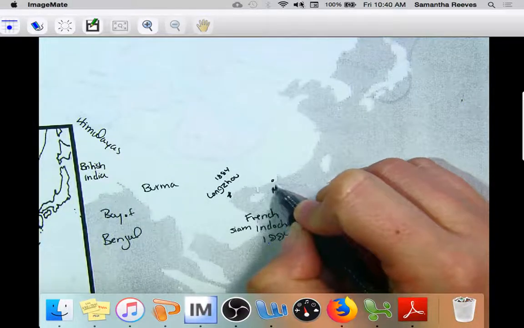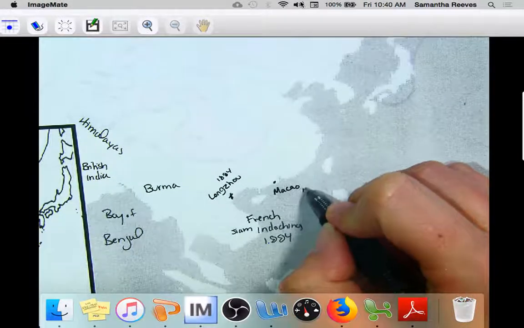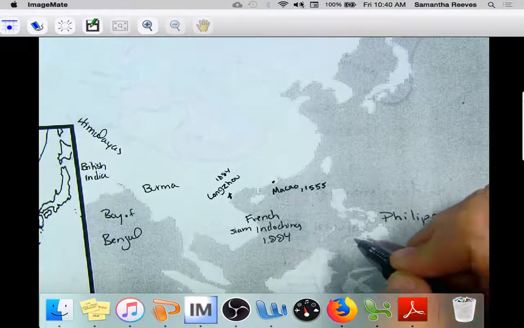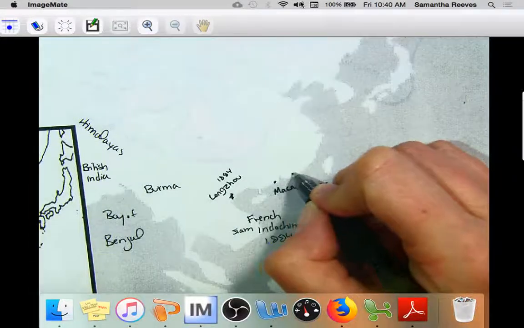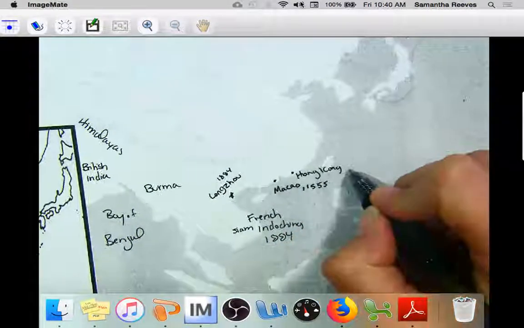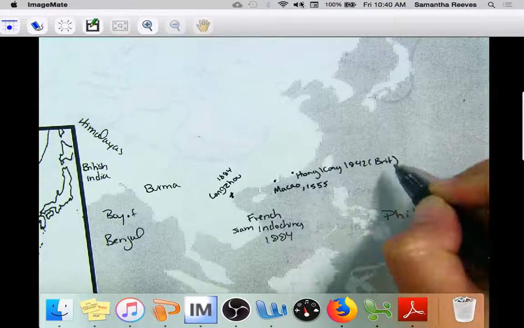Macau, Macao. Does anyone know what Macau today is known for? It is the Las Vegas of China. Hong Kong, 1842, and it's controlled by the British.